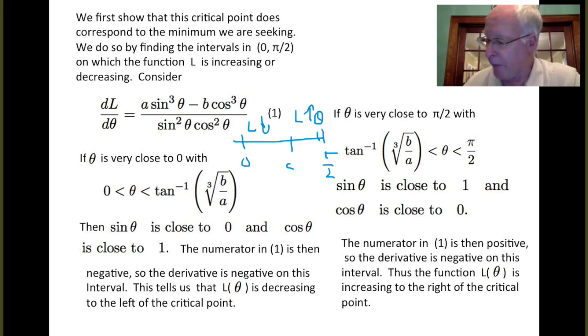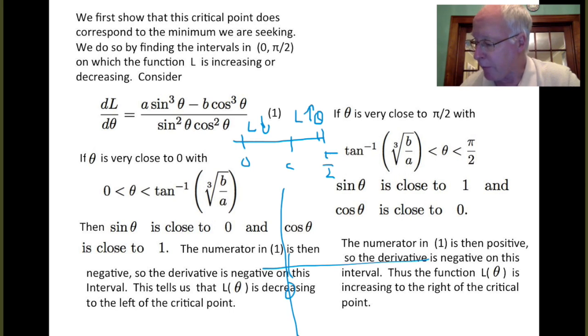In fact, if you were to look at the graph of L, I'll just have to do it right here. Here's 0, and here's pi over 2. Here's the critical point c. If you graph this, you'll see vertical asymptotes at 0 and at pi over 2.